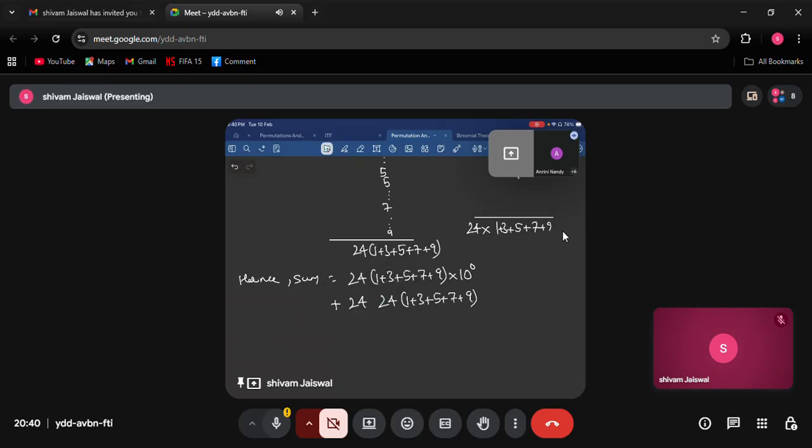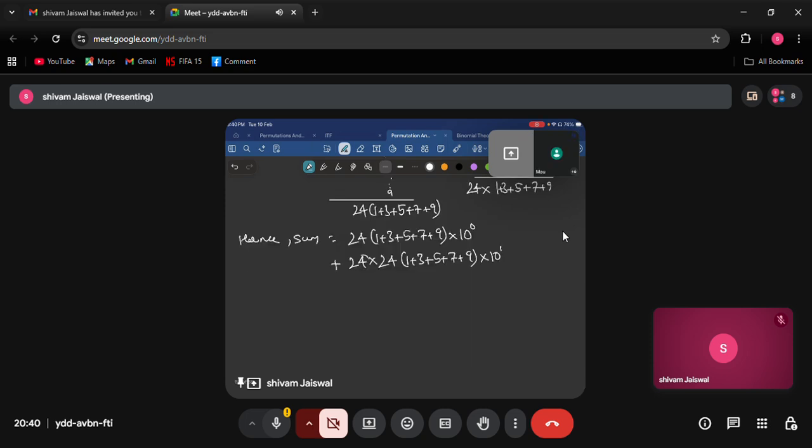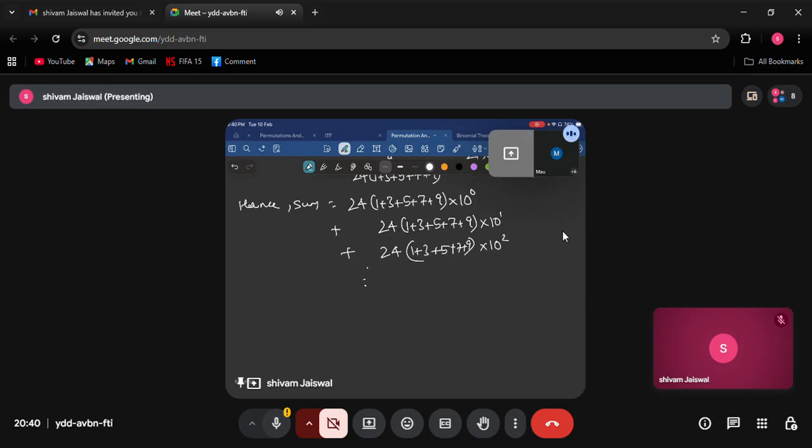Then again plus 24 into the same thing, this time multiplied by 10 square, and so on up to 10 to the power 4 for 10,000.